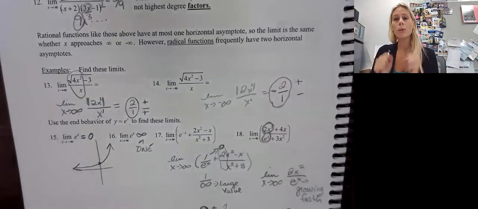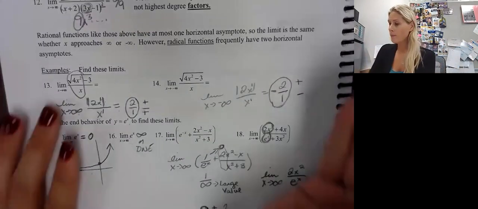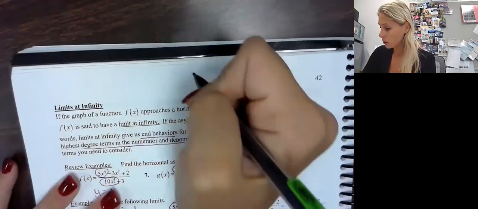Okay, guys, one thing I want you to keep in mind: when we're going to infinity and negative infinity, that is your end behavior. That doesn't conclude what happens inside. For example, I just want to show you another graph.